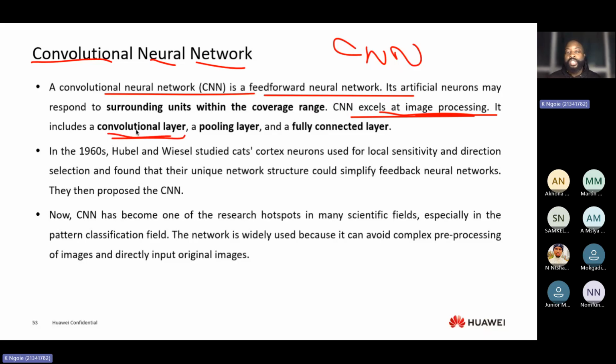There's a way that you build a convolutional layer, which we're going to talk about as we go to practice next week. And then we have a pooling layer, and we also have a fully connected layer. CNN is very, very important.